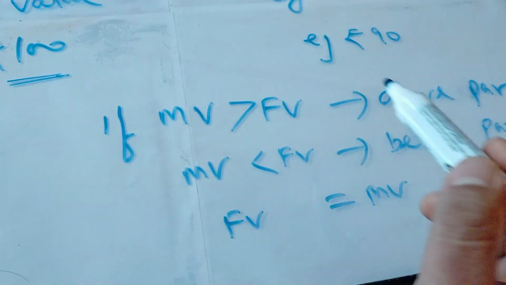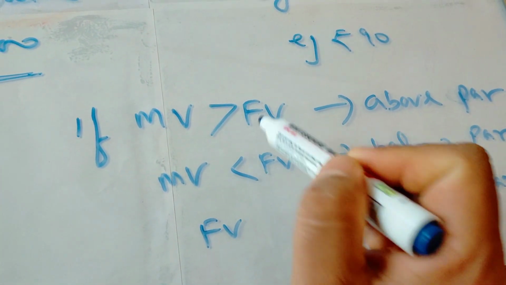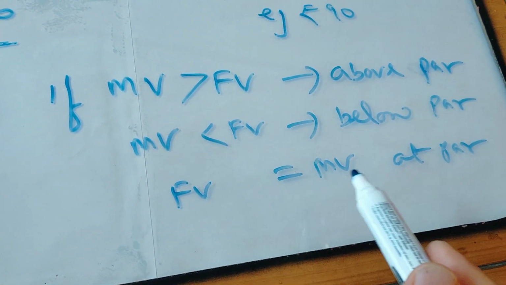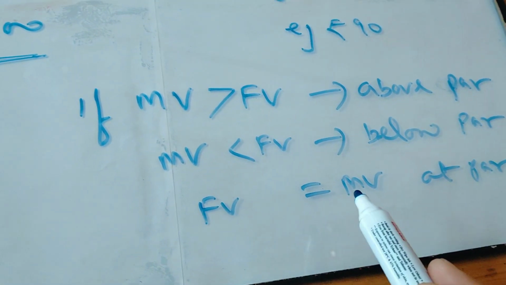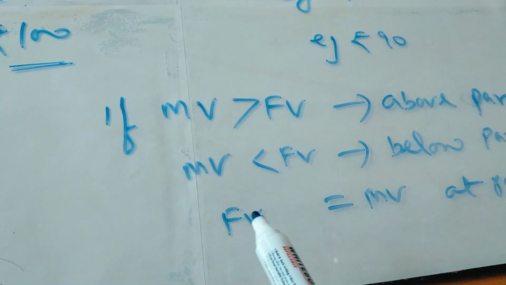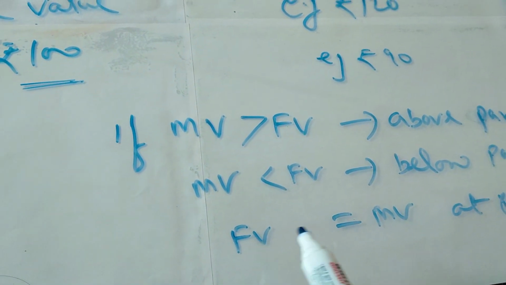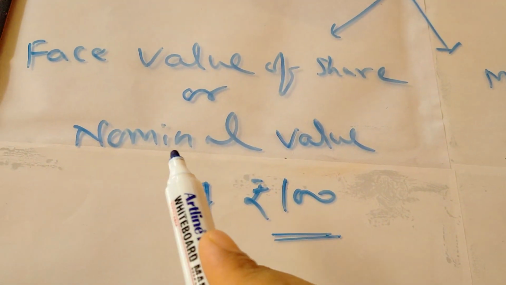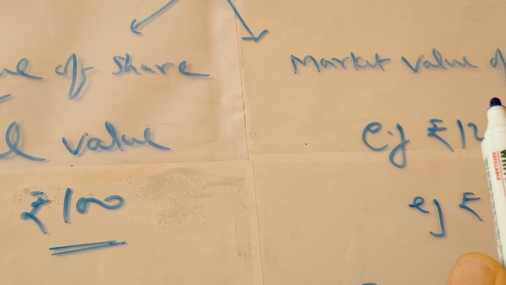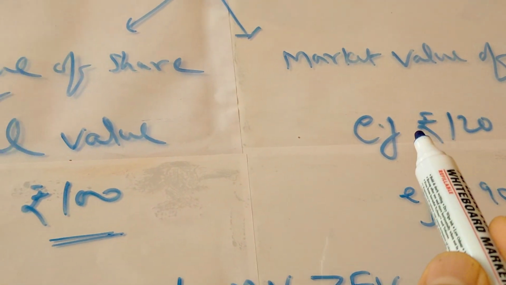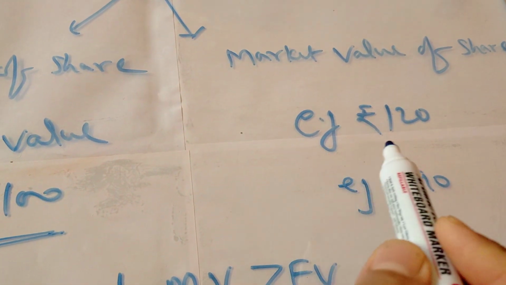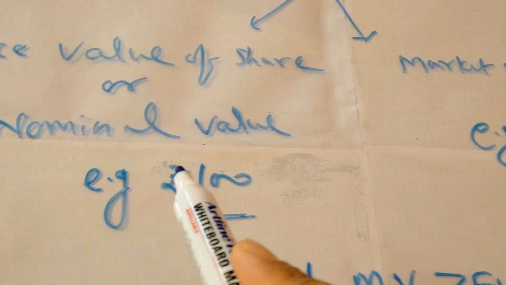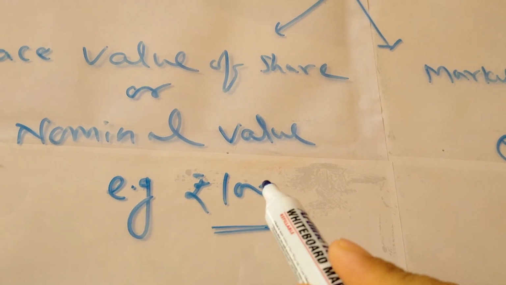So a share may be available in this condition, in this condition, or in this condition also. So there are two types of values attached to a share. First is called face value or nominal value, and another is called the market value of a share. The market value of a share is a fluctuating value. The value of a share may increase or decrease, but the face value will remain the same.